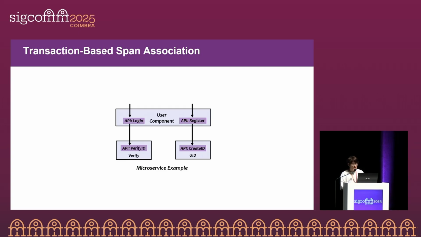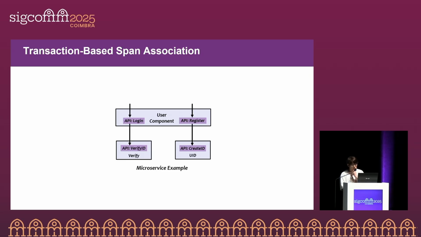To enable accurate correlation between parent and child requests, DeepTrace adopts a transaction-based assertion method. We define a transaction category as a logically related set of requests that exhibit semantic coherence of content.